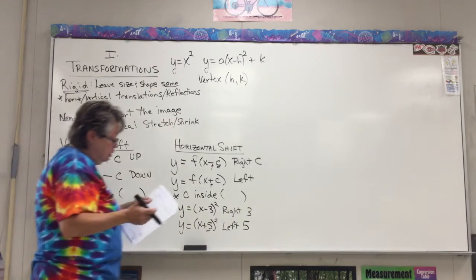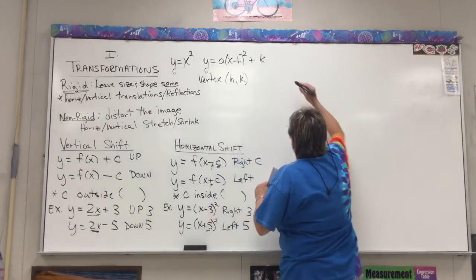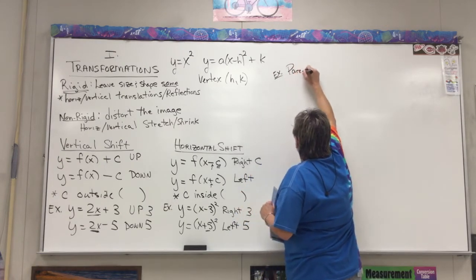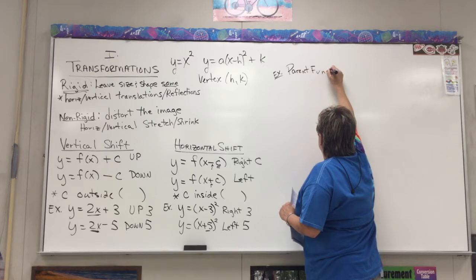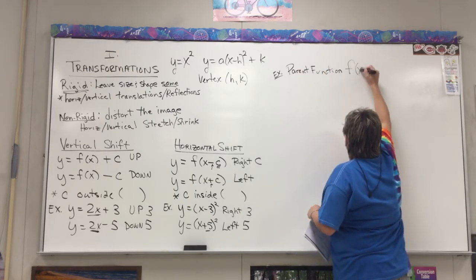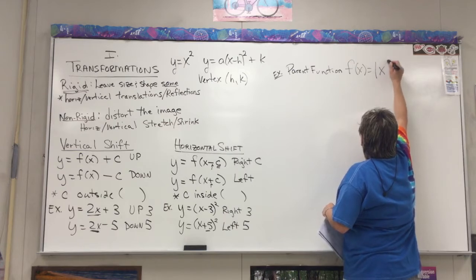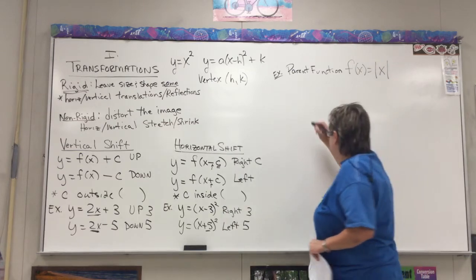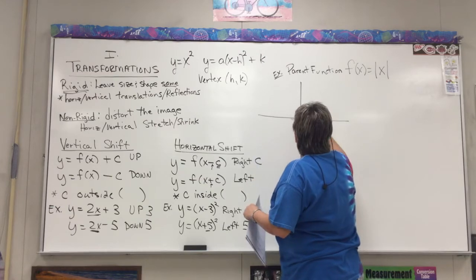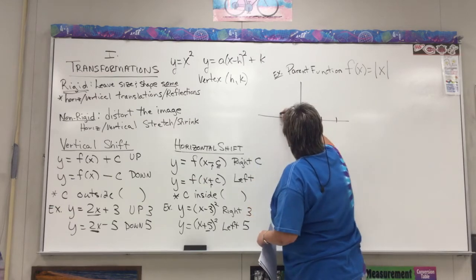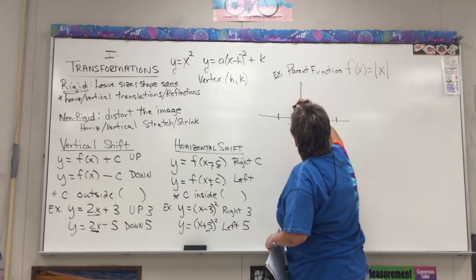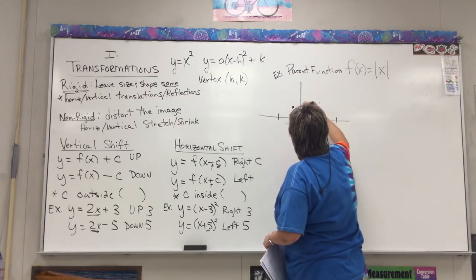What would it look like if we put something on here? Let's say we have a parent function. Let's pick absolute value just for fun. If I sketch a quick graph of that, nothing real fancy: the parent, (0, 0), then (1, 1), (negative 1, 1), (2, 2).